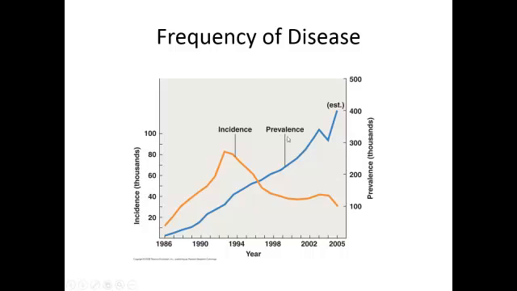Prevalence, on the other hand, is a measurement that we use for chronic diseases. Prevalence is the number of new and existing cases divided by the total population for a given amount of time. So an example of chronic diseases using both incidence and prevalence, suppose I got TB, tuberculosis, in 1983, and my case was included in the incidence, which is the number of new cases, for 1983.